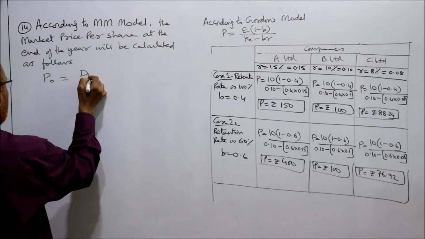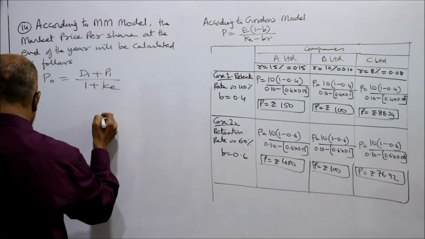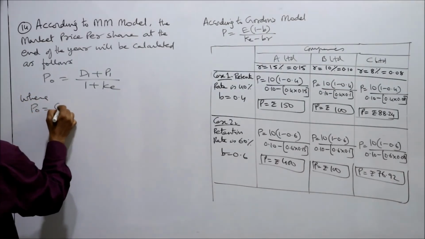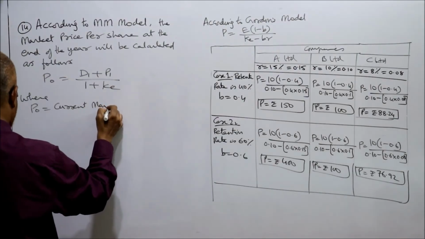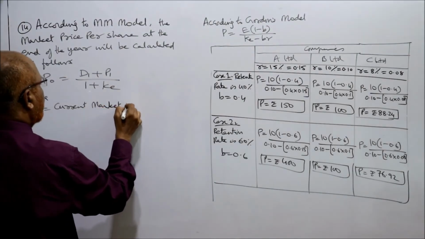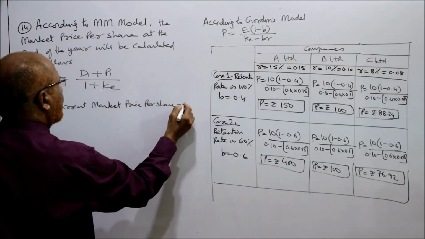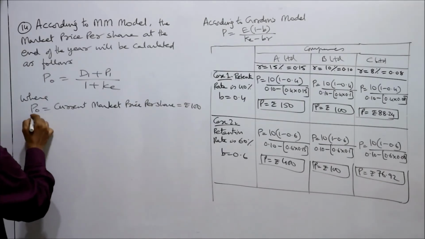P0 is equal to D1 plus P1 divided by 1 plus KE, where P0 is equal to current market price. Current market price per share is rupees 100.